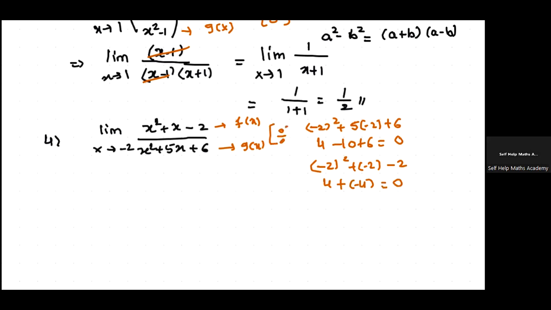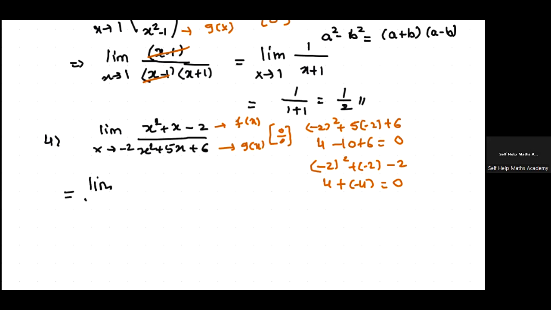So when you get this, you need to find the common factor of the numerator as well as the denominator, as it has been told. Let's see how we do this example. Now this is limit as x is tending to minus 2.